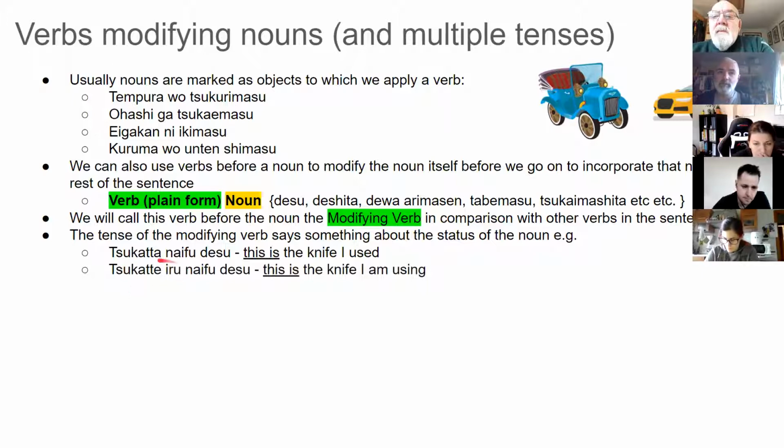We can do the same thing with the present continuous. Tsukatte iru naifu desu. So still this is reflected by desu, that I am using. Tsukatte iru naifu desu.